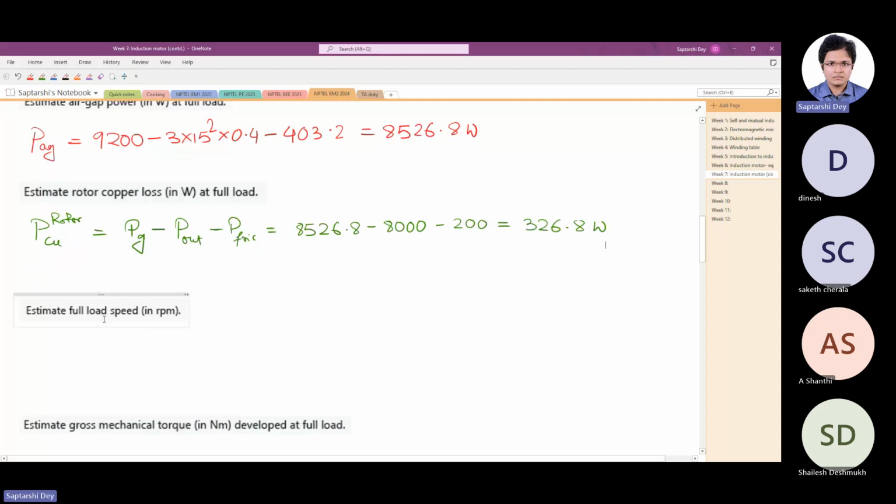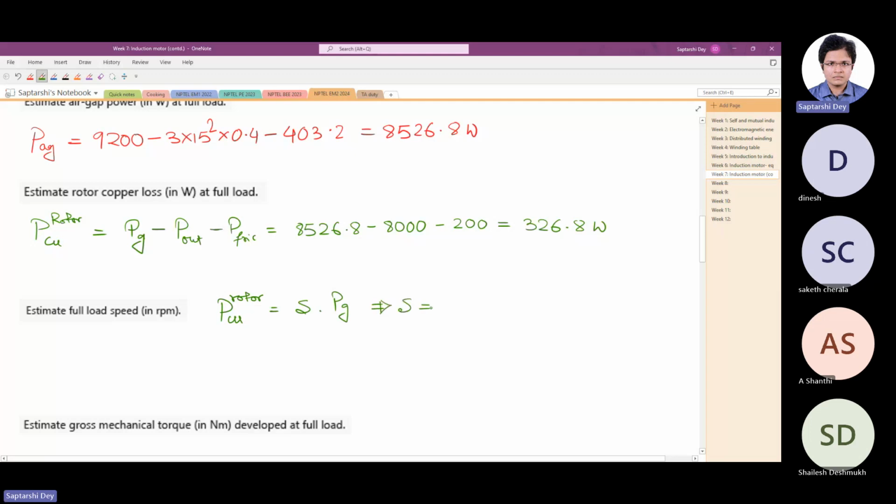Now, full load speed in RPM. This we discussed last day, that copper loss in rotor is slip times gap power.